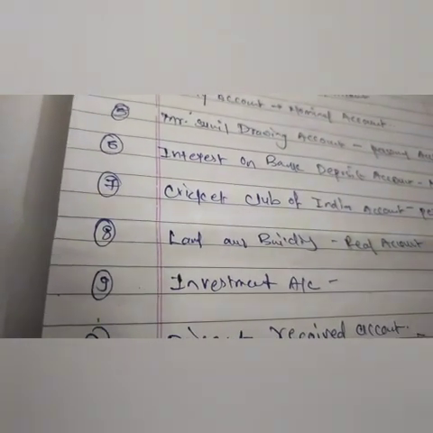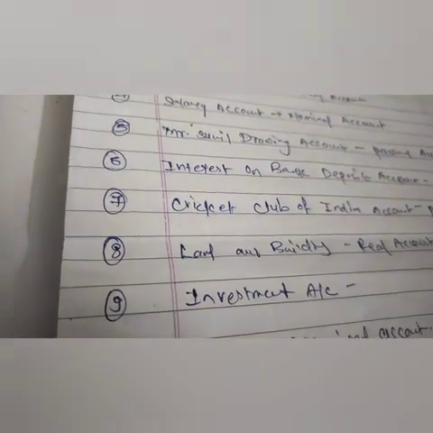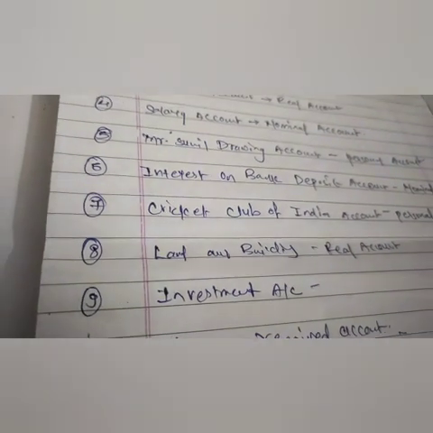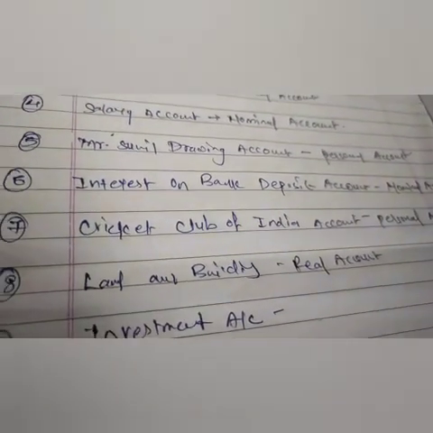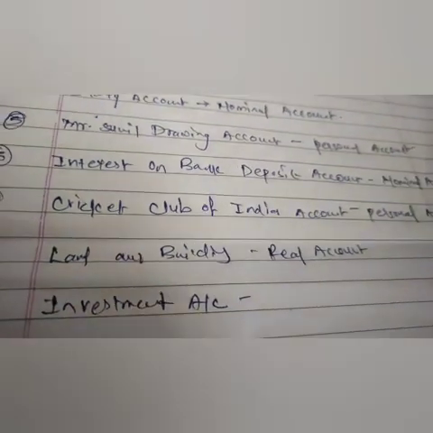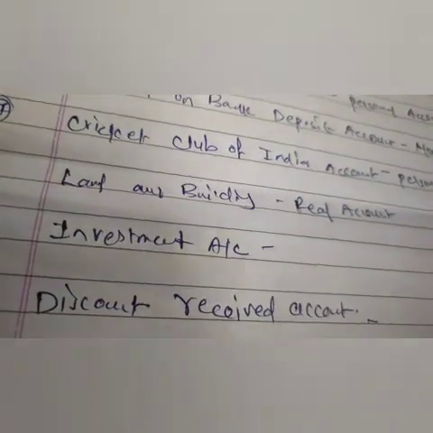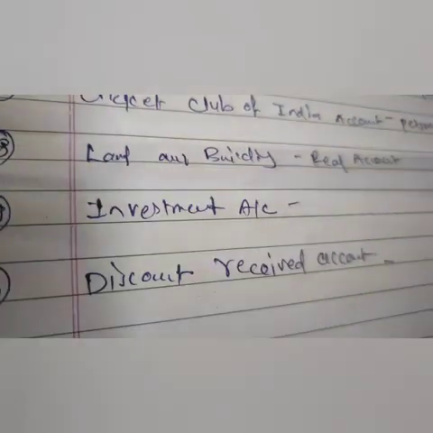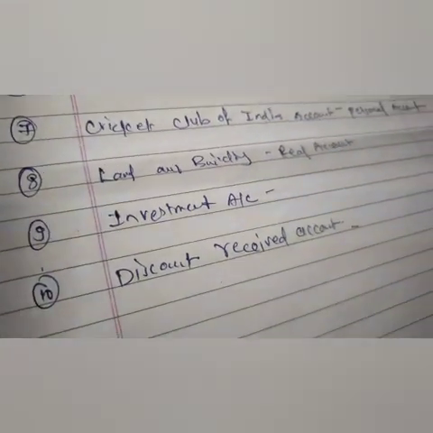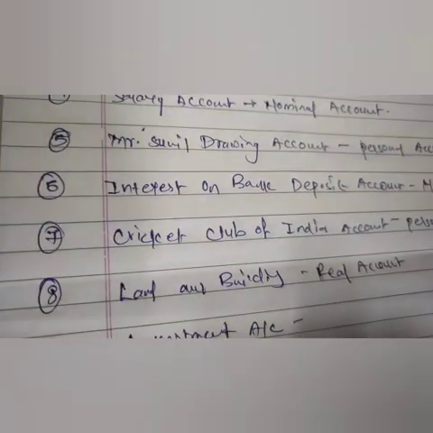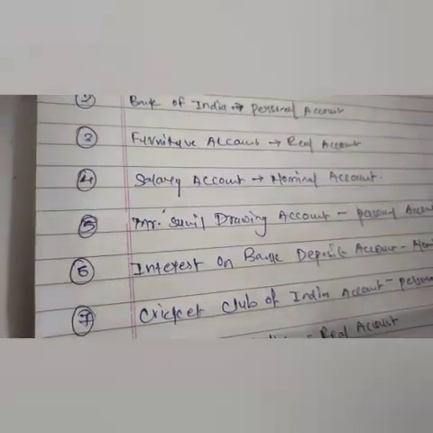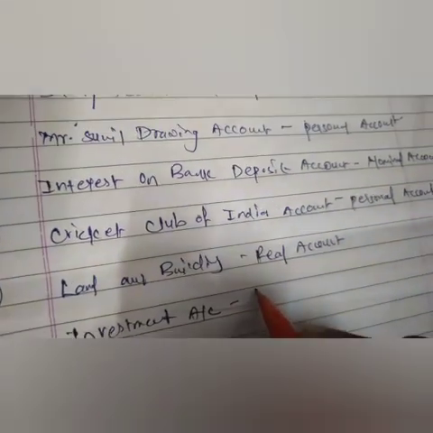In which category will this investment account appear, whether it is a personal account, no. Then the real account, yes, real account, because investment requires cash, so it is a real account.